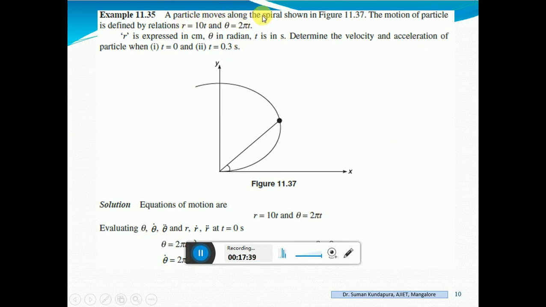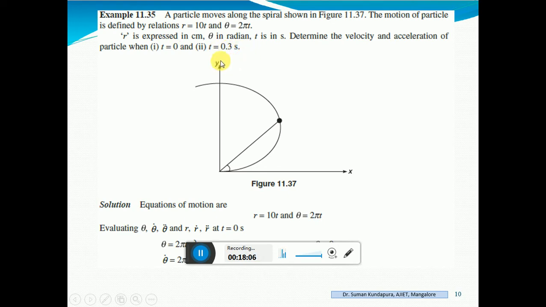A particle moves along the spiral shown in figure 11.37. The motion of a particle is defined by relations r is equal to 10t, theta is equal to 2 pi t. R is expressed in centimeters, theta in radians, t in seconds. Determine the velocity and acceleration of the particle when t is equal to 0 and t is equal to 0.3 seconds.